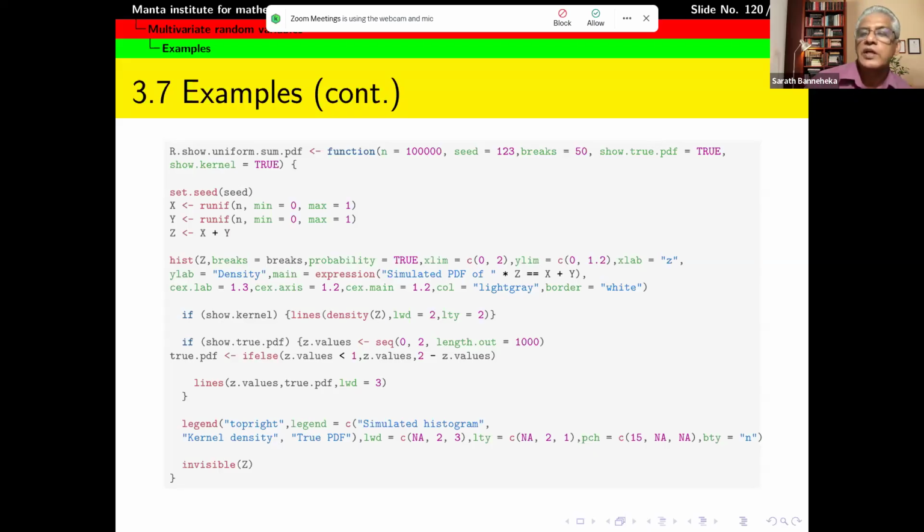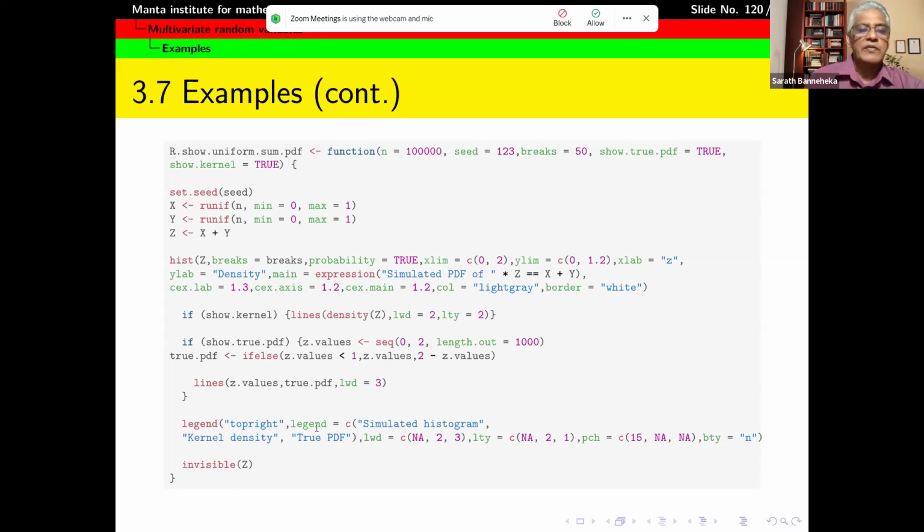In addition to that, I can add the true density function that we derived right now. If show true is equal to true, then I can add the fx function. Remember it had two parts, so I can draw those two lines using this command.